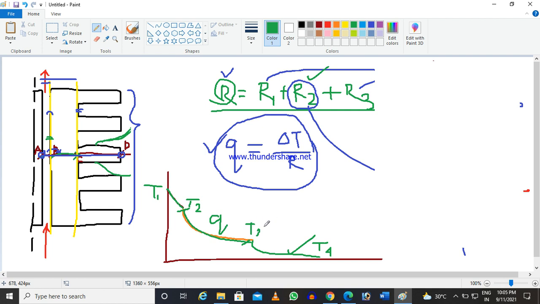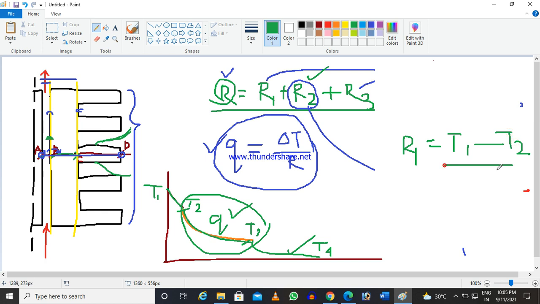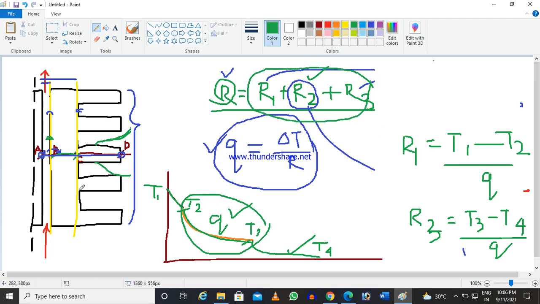Okay, so from this area you will be able to find out the Q. Now if I get the Q and if I want to calculate R1, which is nothing but T1 minus T2 by Q, and R3, that is T3 minus T4 by Q. Okay, so once I have all three, if you add them, because they are in series, you will get the overall thermal resistance, and you know the liquid temperature in the annulus as well as the temperature at the tip of the fin from your CFD, sorry, conjugate heat transfer analysis.